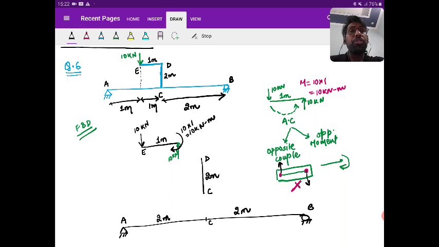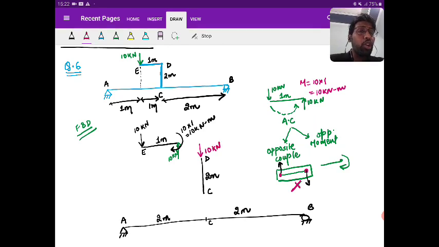Okay. Now I am balancing the joint D. If I balance the joint D, the upward force will balance with the downward force that will be applied on the member DC at D. Yes or no? So upward of 10 is balanced by the downward of 10.